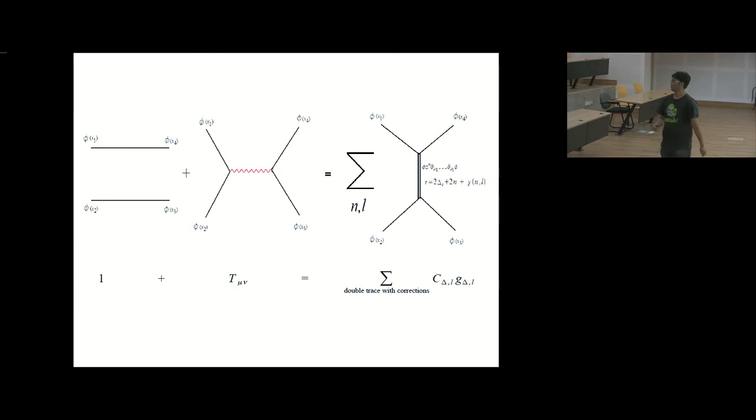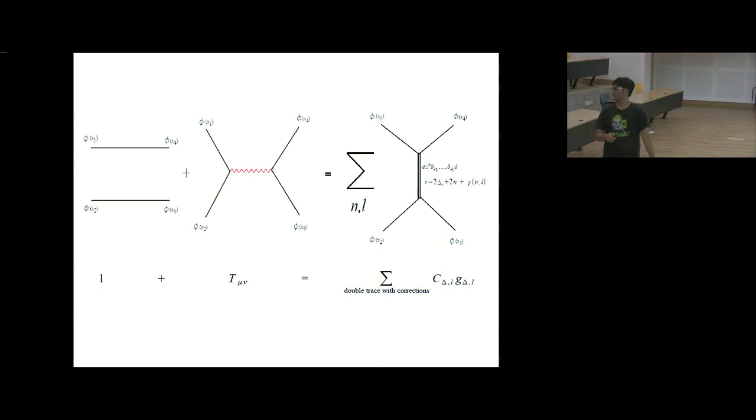So, any questions or comments from this? Yeah. So I have assumed that my theory is strongly coupled, which means this operator here is separated from all other operators in the theory by some finite twist gap.